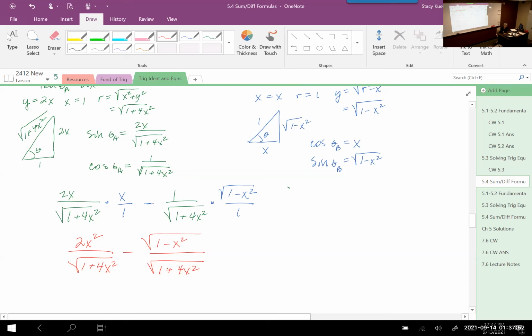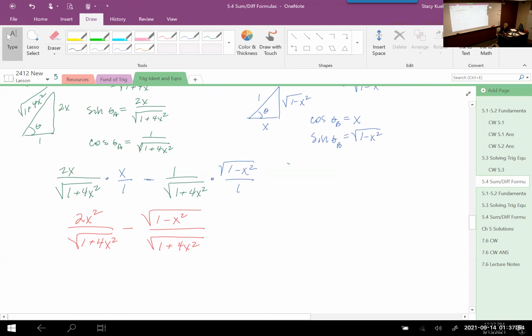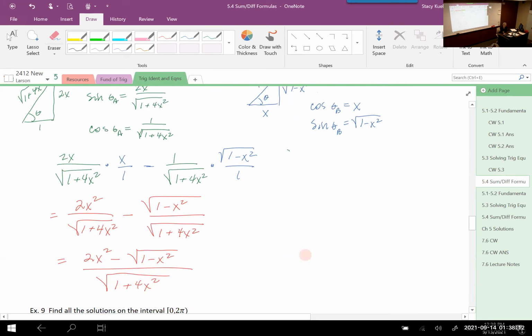Because I have common denominators here, I can rewrite this as just a combined numerator, 2x squared minus the square root of 1 minus x squared, all over the single denominator, square root of 1 plus 4x squared. That's the algebraic expression.